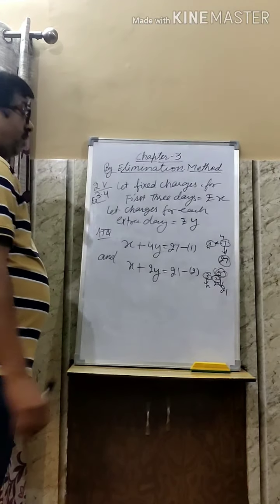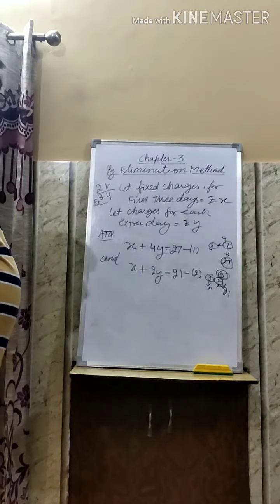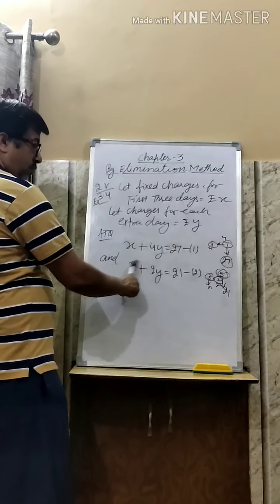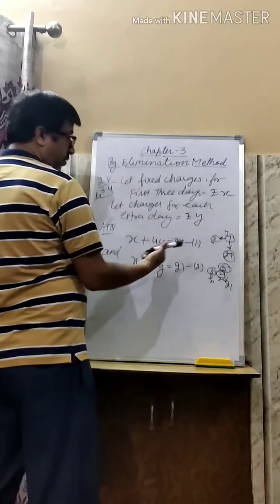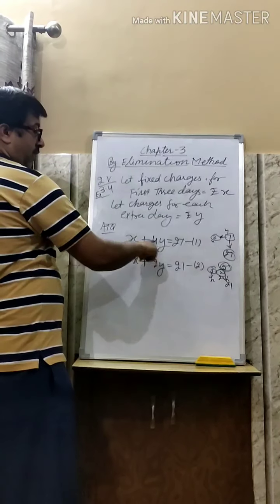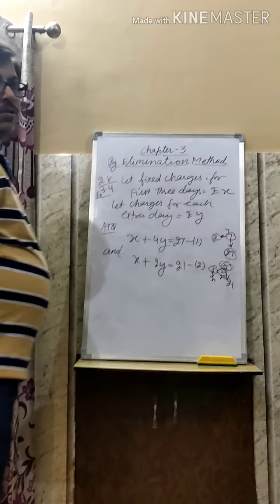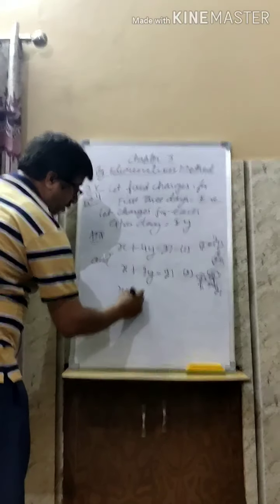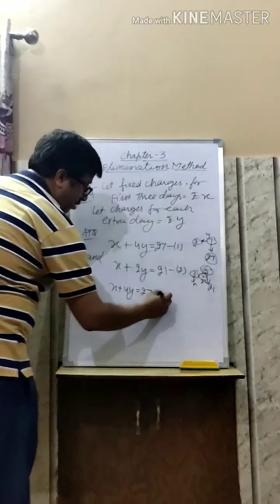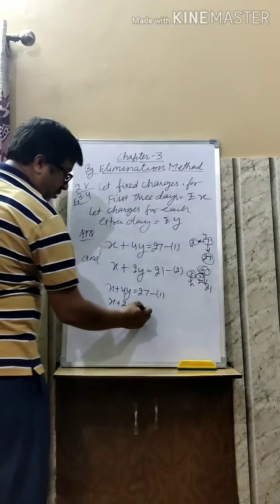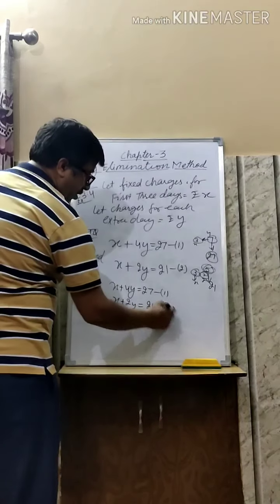This is the second equation. Clear this? So very simple. This is for 3 days plus 2 days, 5 days, 21 rupees. This is for 3 days plus 4 days, 7 days charges, 27. So now these are two equations. x plus 4y is equal to 27, first equation. x plus 2y is equal to 21, second equation.